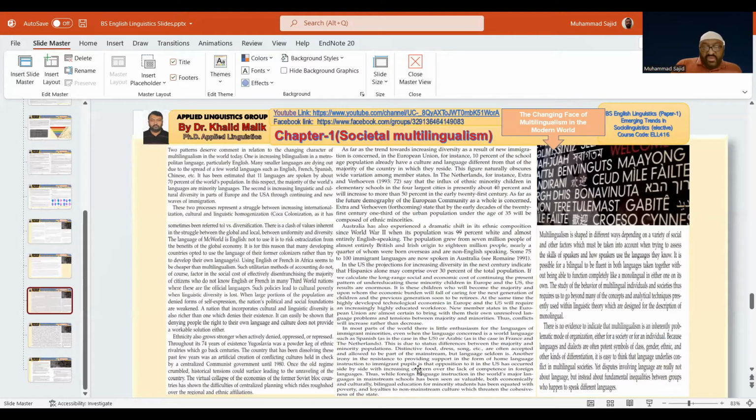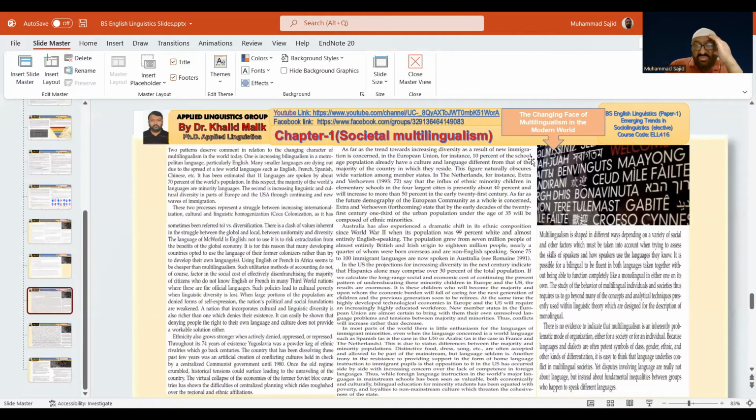Thus, while foreign language instruction in the world's major languages in mainstream schools has been seen as valuable, both economically and culturally, bilingual education for minority students has been equated with poverty, and loyalties to non-mainstream culture will threaten the cohesiveness of the state.